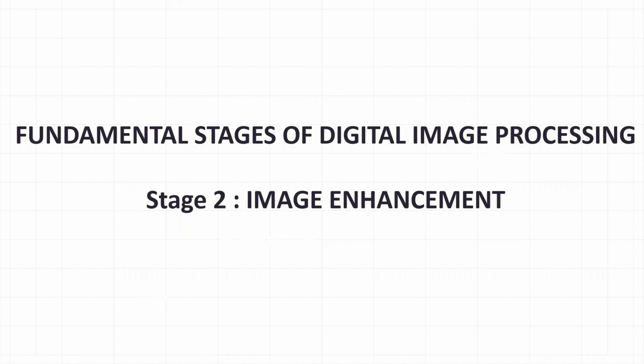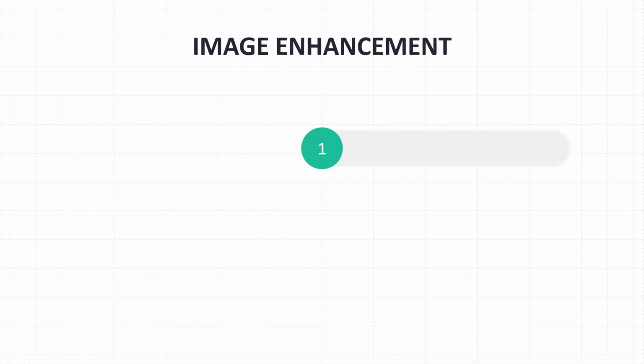Now, as a second step, we move towards the image enhancement stage after image acquisition. In this, very first of all, let us know why we go for image enhancement procedures. Very first thing, we have to enhance, meaning improve, the hidden information in the picture, in the image, or in the scenery, whatever we have captured.